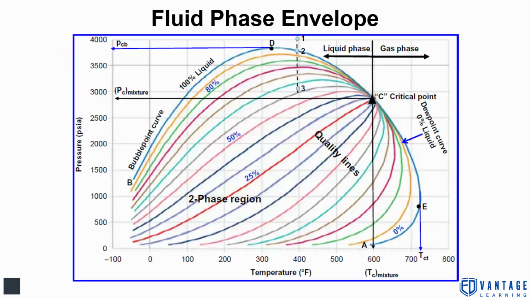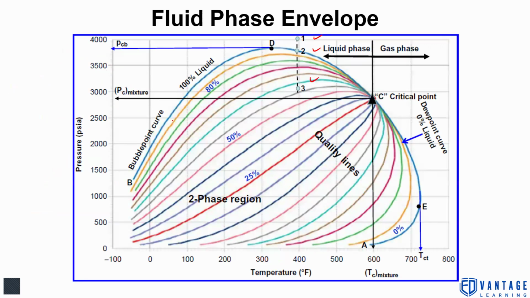We should first and primarily understand the fluid phase envelope. This is also an output of PVT analysis that is done in the lab, and after we develop the fluid model, the software will give us this kind of fluid phase envelope. If you can see, there are 3 points, 1, 2, and 3.